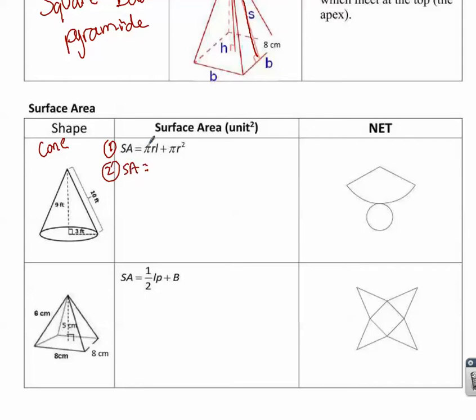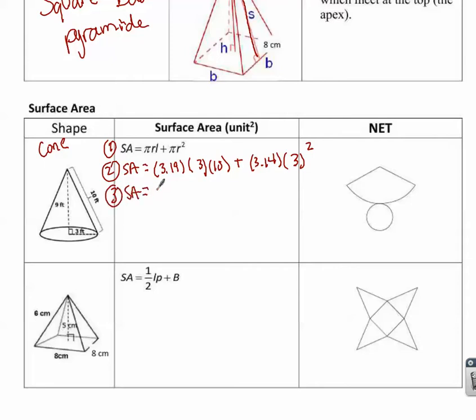So surface area equals pi, which is 3.14, times the radius, which is 3. L is going to represent your slant height. So when it shows L, I'm going to write 10 feet, plus pi times your radius squared. So 3 squared.